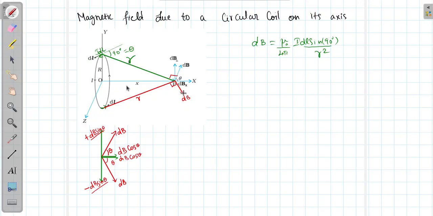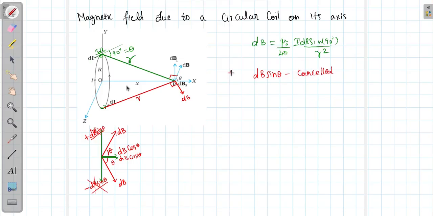Therefore, the magnetic field at exactly the same distance has the same magnitude. The dB in both cases is the same. Similarly, the two dB sin theta components are the same and opposite. They get cancelled. The magnetic field along the horizontal axis only gets added. Therefore, dB sin theta is cancelled.